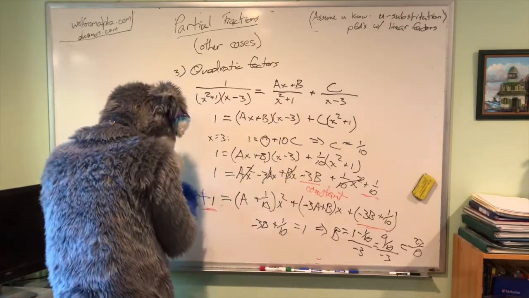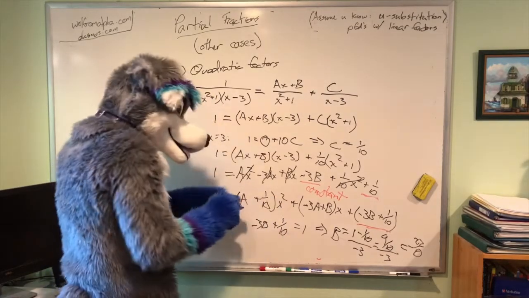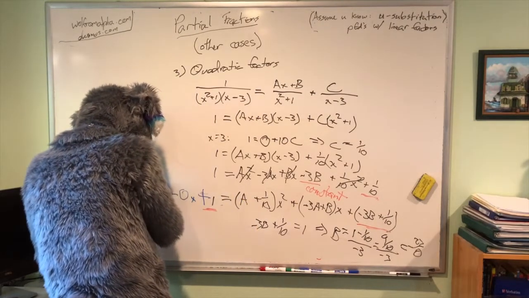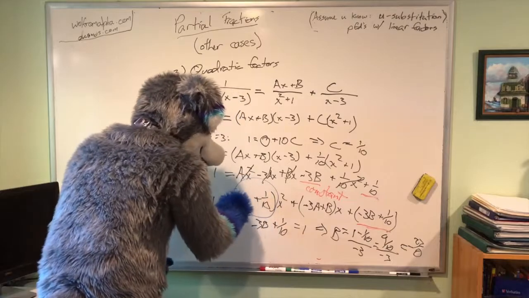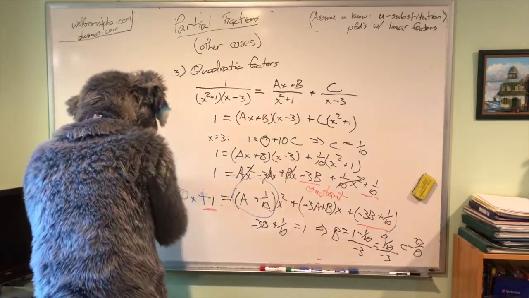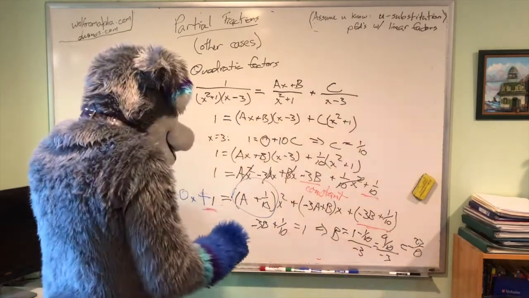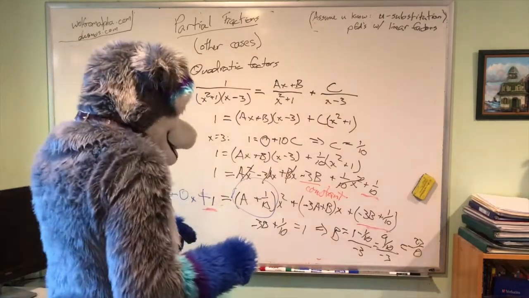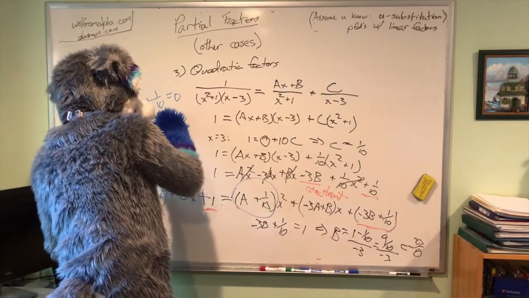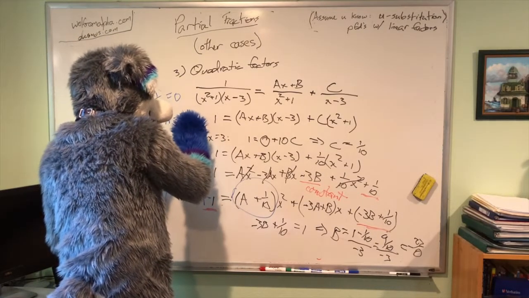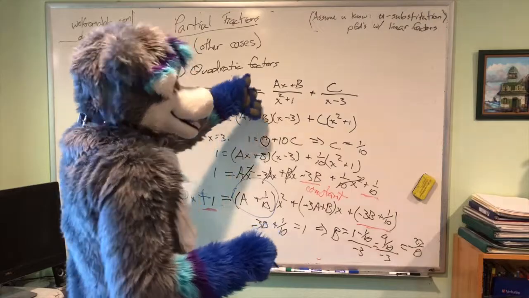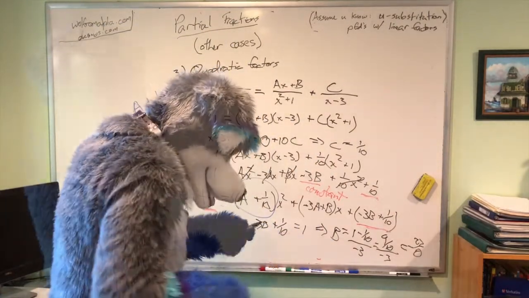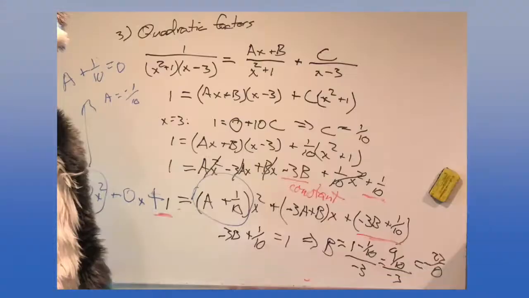The coefficient of x on this side is 0, and the coefficient of x squared on this side is also 0. So that means a plus 1/10 has to equal 0. And so a equals negative 1/10. Okay, great. And so you can plug them back in and do whatever you want to do with it, integrate or other things. That's the basic idea there.